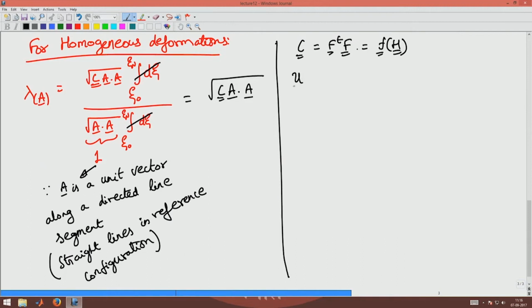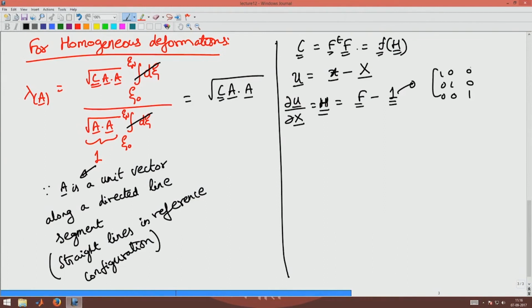You know that displacement u is small x minus capital X, hence dou u by dou x, which is capital H, would be F minus identity tensor, this is nothing but 1 0 0 0 1 0 0 0 1.